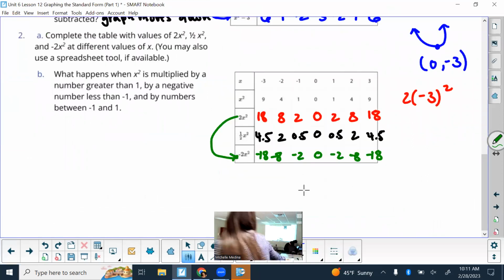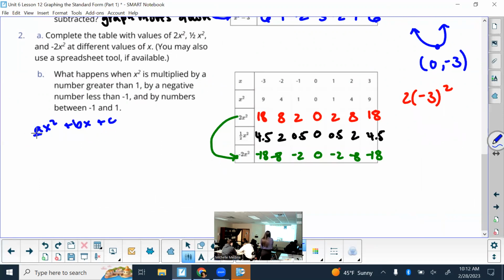Because this says when x squared is multiplied by a number greater than 1. So when I write these rules, I'm going to refer to standard form. What are we changing each time in this table? The A, B, or C?